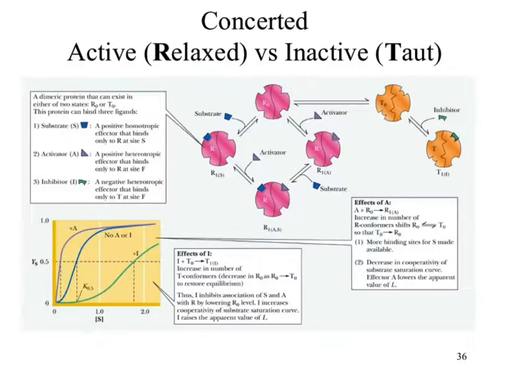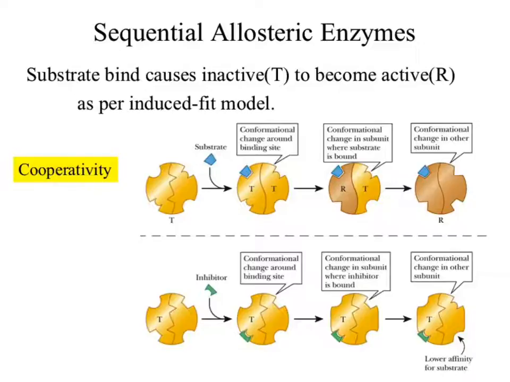The concerted, to me, is a little bit easier to understand, maybe because I don't like but understand equilibrium. We're looking at an equilibrium effect between the taut and the relaxed form. It's relatively straightforward there. We're pulling it out, we're putting it in. In the sequential, we're changing the structure of the enzyme that then makes a cascade effect further on down the line.